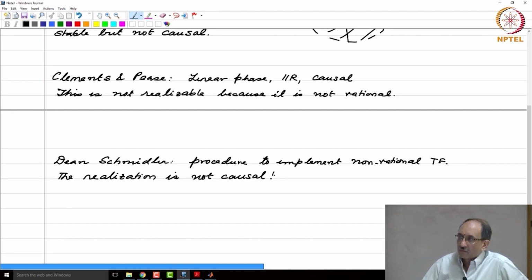Therefore, if you want causal, stable, realizable linear phase filters, realizable we typically mean rational transfer function. If you want causal, stable, realizable, exact linear phase, you are stuck with no choice but FIR filters.